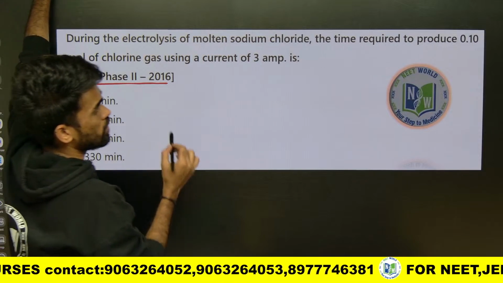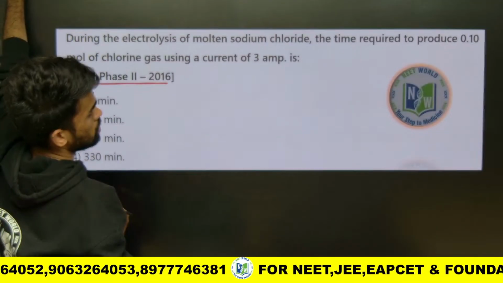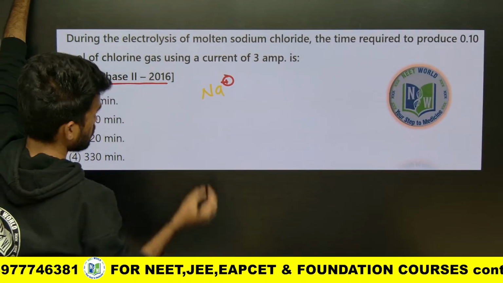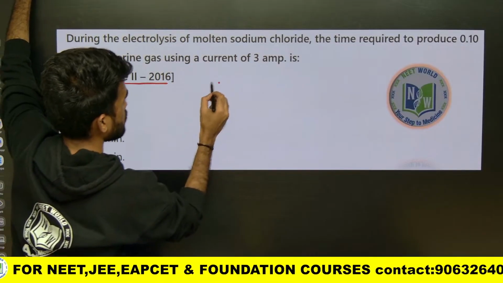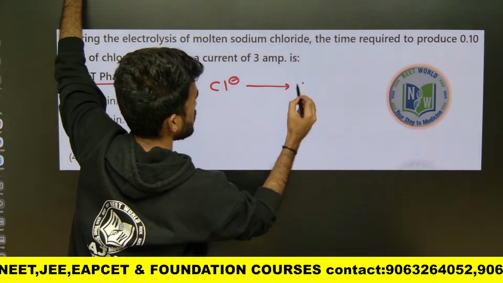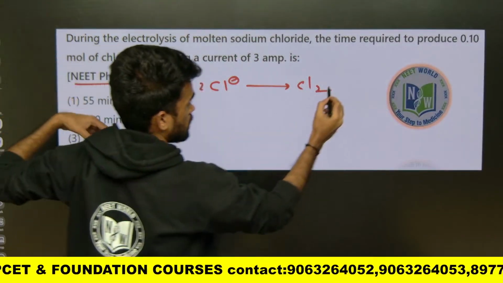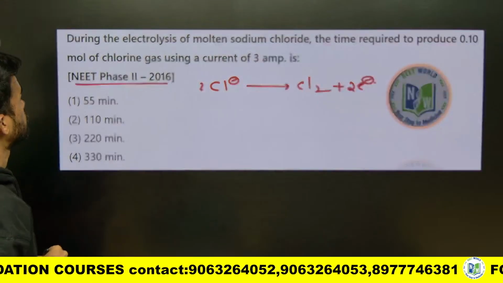So molten sodium chloride, time required to produce chlorine gas. Now let us say Cl minus. So Cl minus should convert into Cl2. Okay. So here I am taking 2 moles for understanding. Okay, 2 electrons will be released.